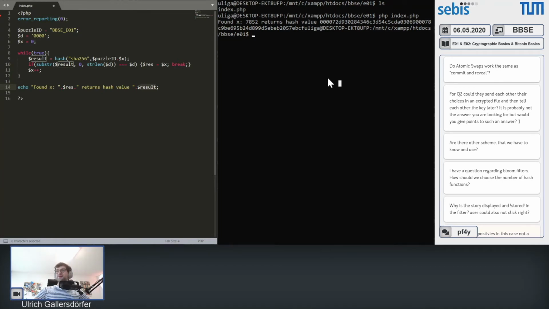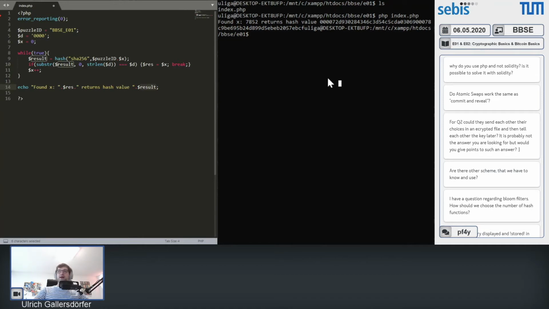People start asking why I did not do it with Solidity. Very good question. Solidity is the programming language for Ethereum, and Solidity is not made for compute-intensive work. It is a language used for on-chain calculations, and each of the nodes in the network basically has to compute all these steps on its own.